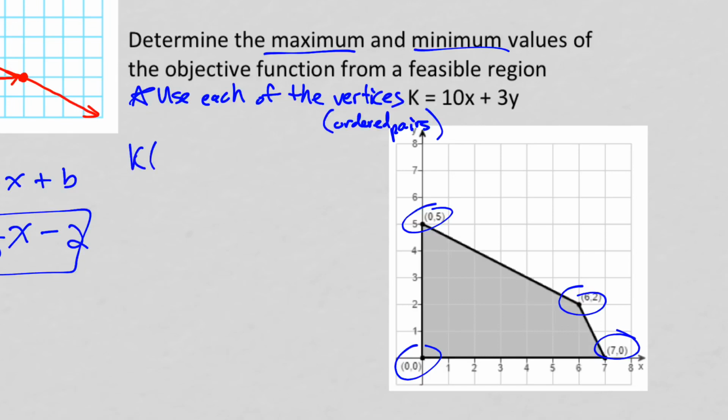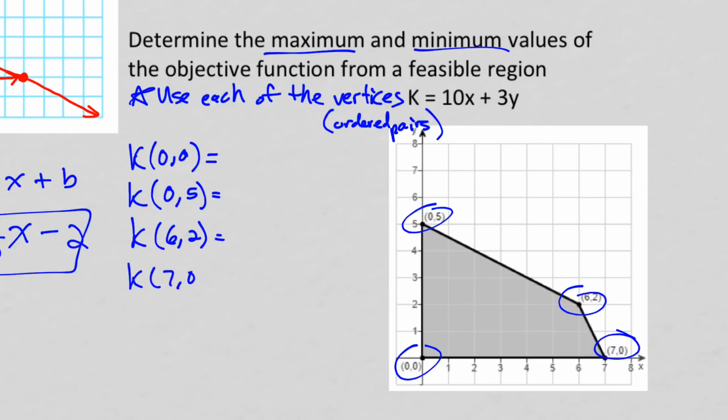So we're going to put in 0, 0. Doesn't matter which order you do this in. Then we're going to do 0, 5. Then 6, 2. And 7, 0. And we're going to use our objective function, which has the 10.